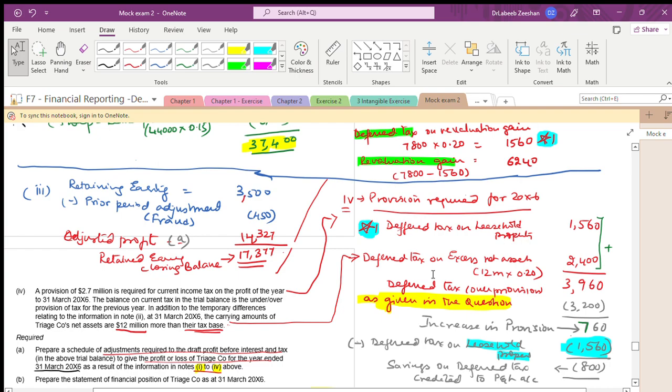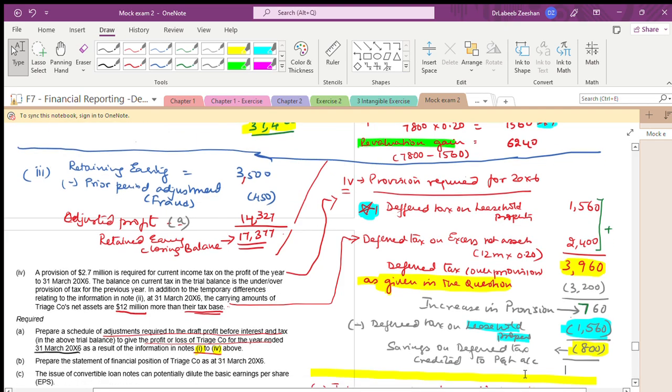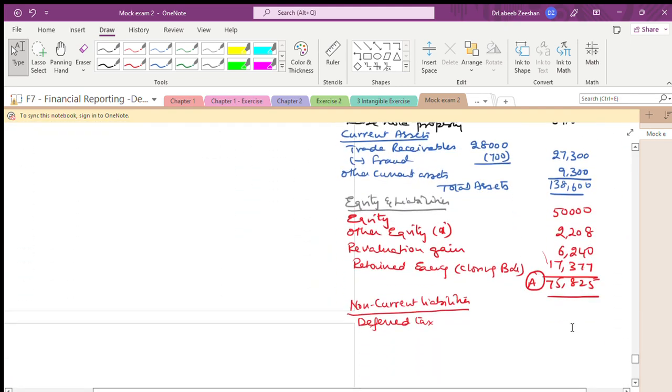How much will we take as deferred tax? 3,960. This amount we take in the balance sheet, whereas the adjustments, excess and shortage, you take in the profit and loss account. That is the difference. That is what we have done.